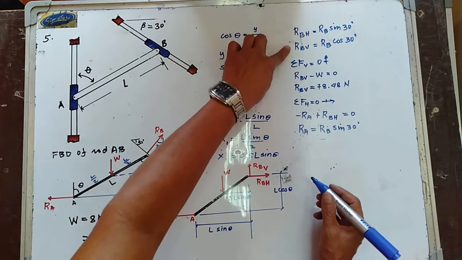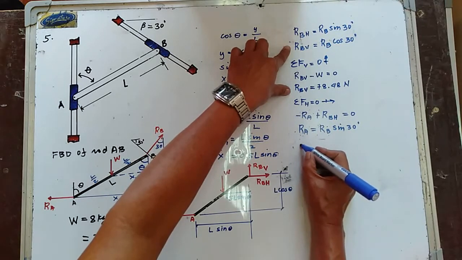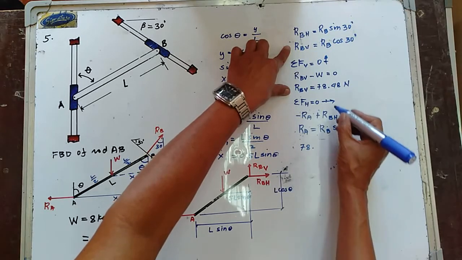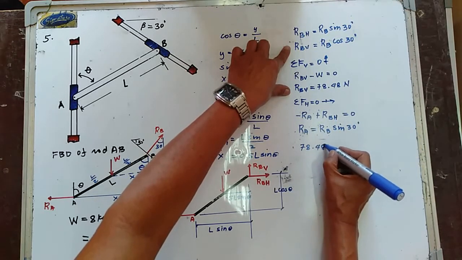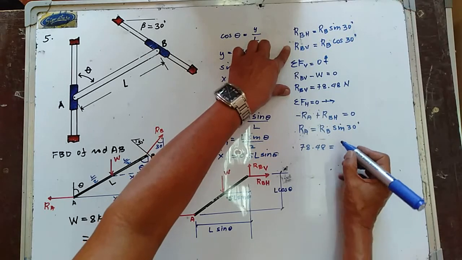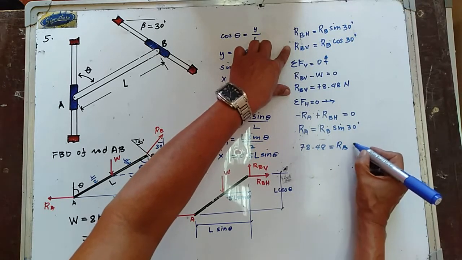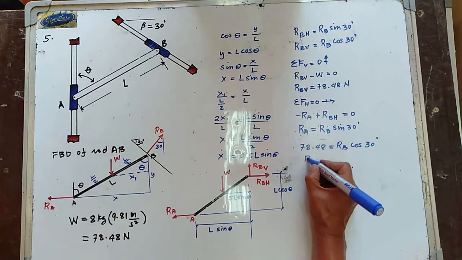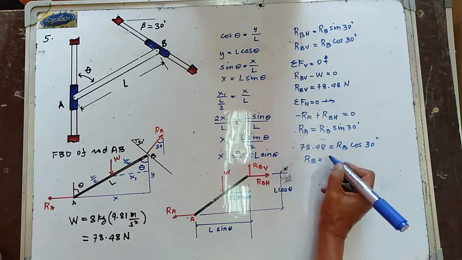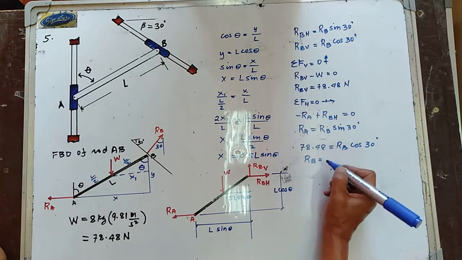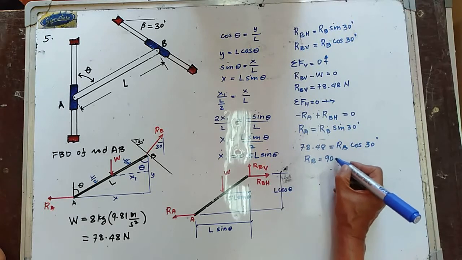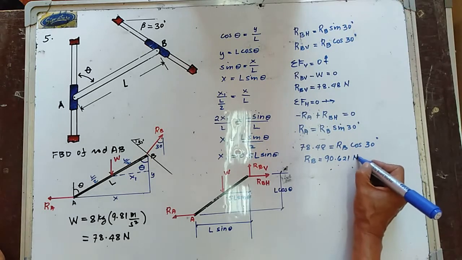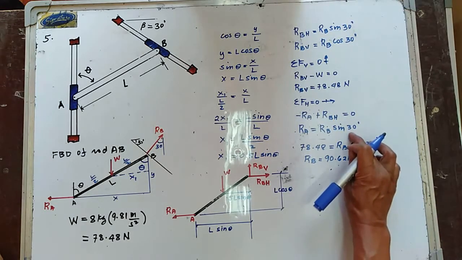So from this equation, RB vertical is 78.48, and that is therefore equal to RB cosine of 30 degrees. So the value of RB is now equal to 90.621 Newton.